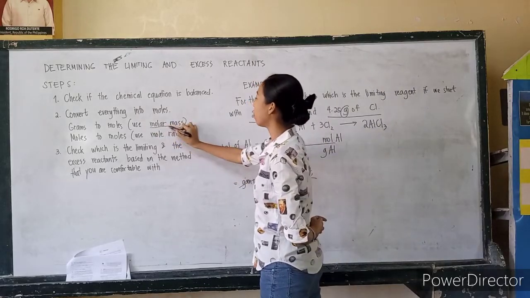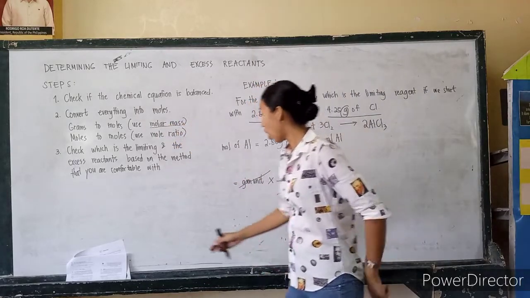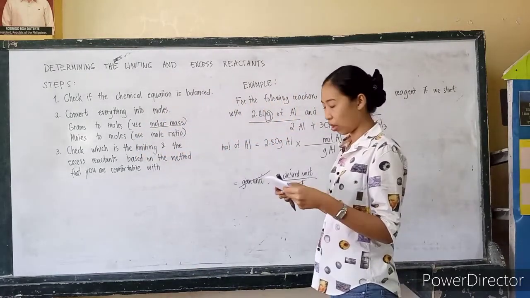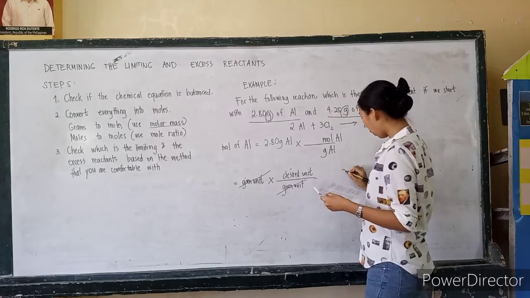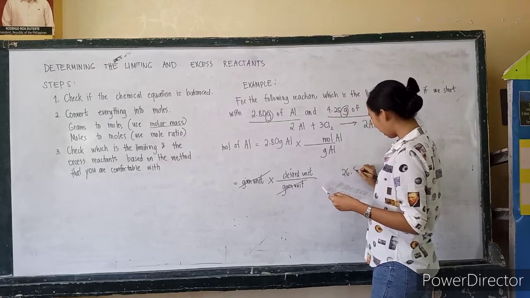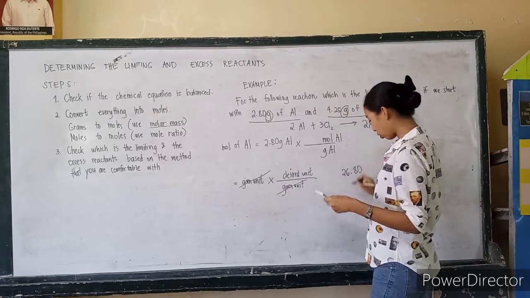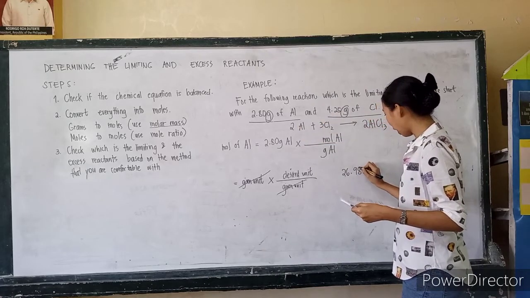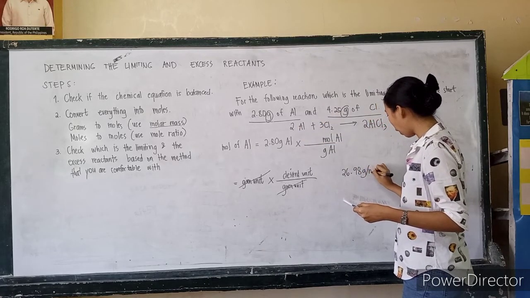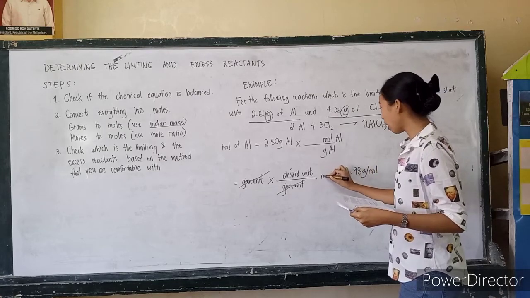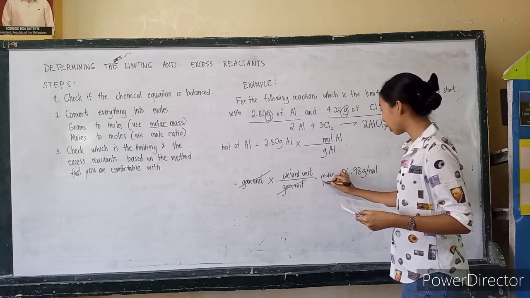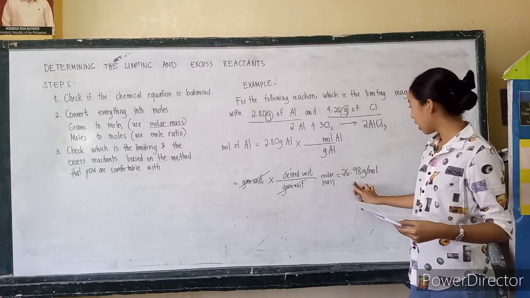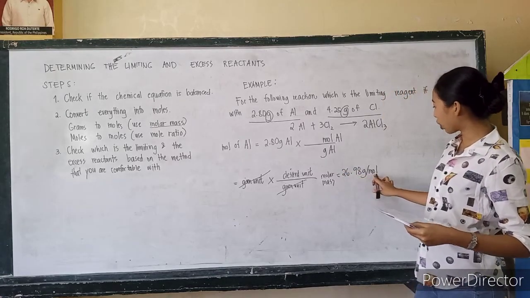Again, use our molar mass. Kung atong tan-awon sa atong periodic table, ang molar mass sa aluminum is 26.98 grams per mole. Karon, pwede rin siya baliktaron.